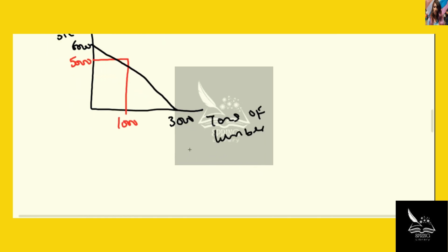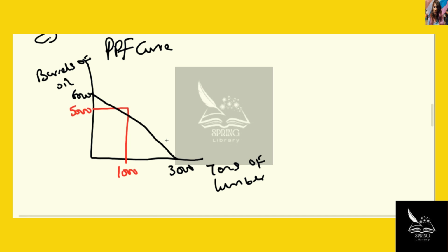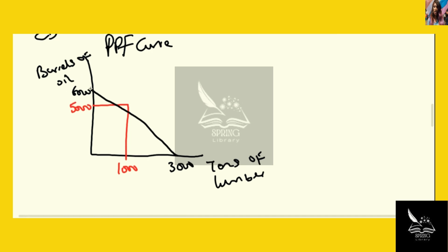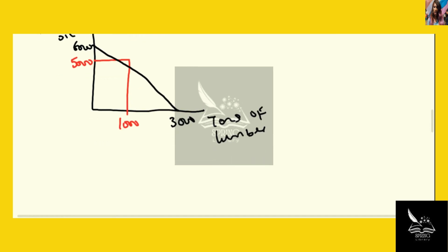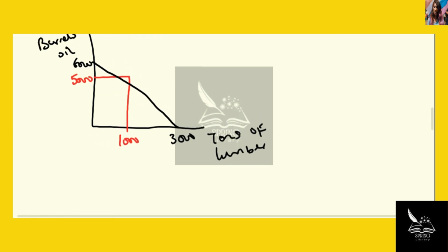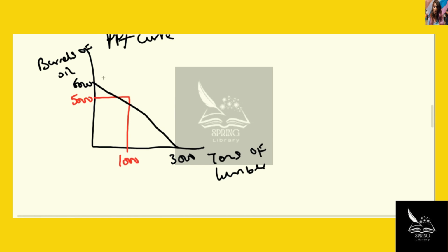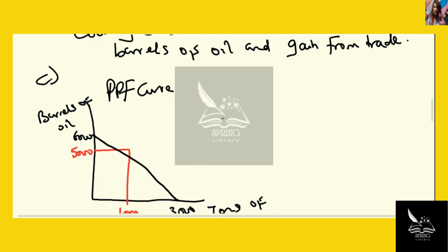So now country V was producing 6,000 barrels of oil, and now they have to trade 1,000 barrels of oil for 1,000 tons of lumber. I forgot to mention that this graph is for country V.